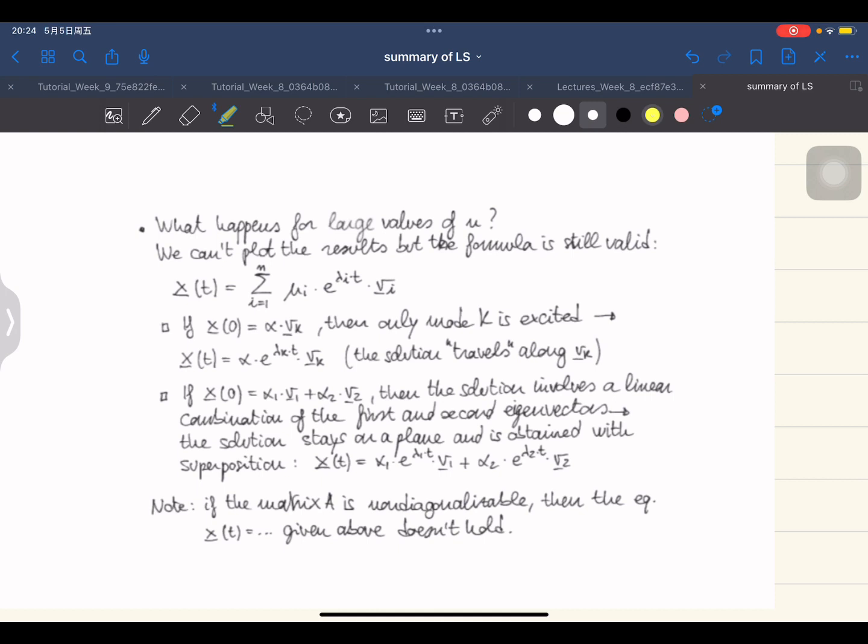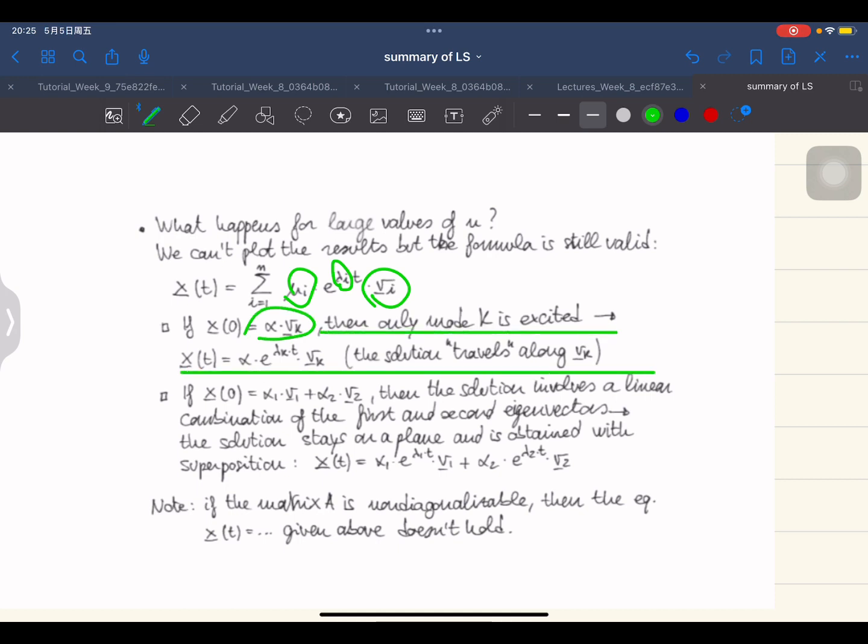After seeing so many examples, you can tell me the meaning of each parameter. This one represents the eigenvectors, eigenvalue, and this one may be the initial condition or the coefficient, I think. So S0: if the initial condition is equal to this one, then only mode k is excited. s(t) is equal to alpha times e to the lambda k t times vk. So the solution travels along vk.